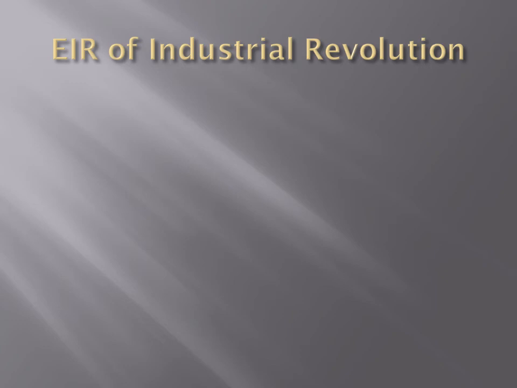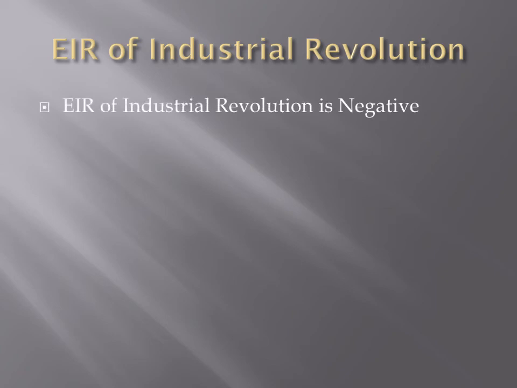When the industrial revolution started, it started using a lot of fossil fuels. On that basis, we can say the EIR of the industrial revolution is negative due to the following reasons.